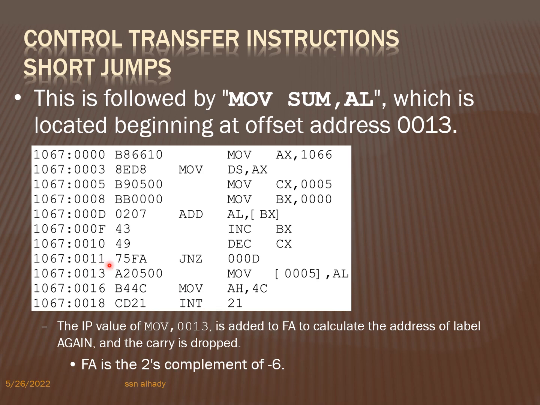So you add 0013 to -6, you get 000D. It is the next address of the jump non-zero added to the two's complement of FA, then you get 000D.